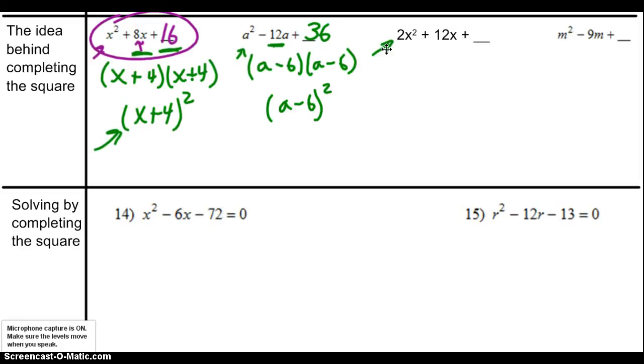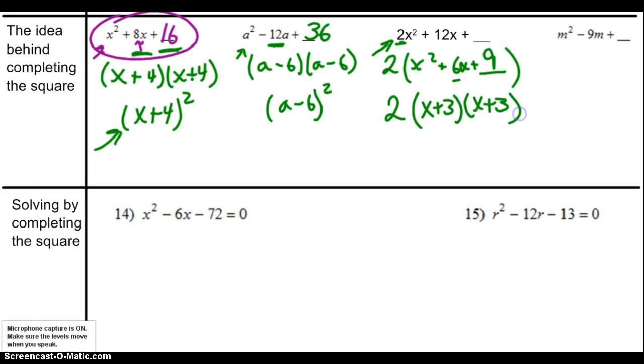This one's a little more difficult. So when we look at this, okay, there's a 2 out front. And so to make this a little easier, I'm going to factor the 2 out of this whole thing. Okay, so it'll be 2 times x squared plus 6x plus blank. And so what do I have to add there? Well, 6 divided by 2 is 3. 3 squared is 9. So if I put a 9 there, that means I could factor this into 2 times x plus 3 and x plus 3, or 2 times x plus 3 squared.